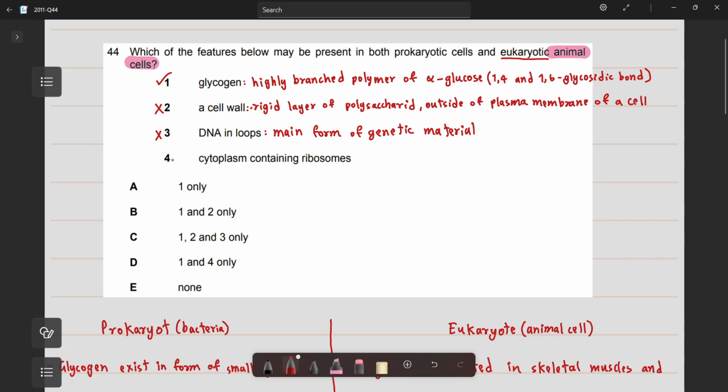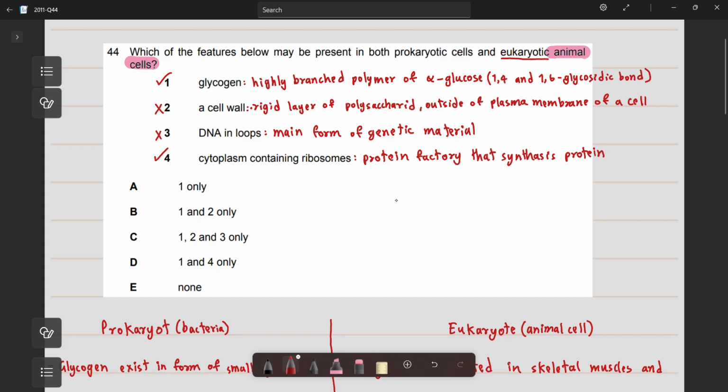Okay, so now moving forward with option 4, cytoplasm containing ribosome. So we can easily mark this right. The basic definition of what the ribosome is: ribosome is basically a protein factory that synthesizes proteins, a polypeptide of amino acids.